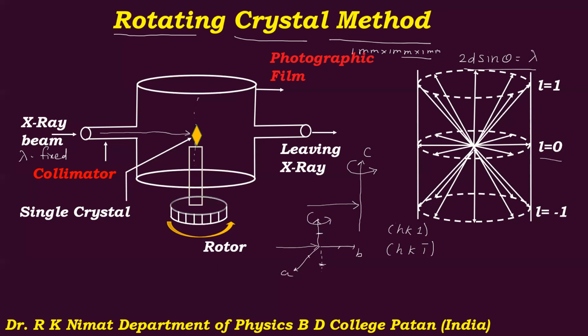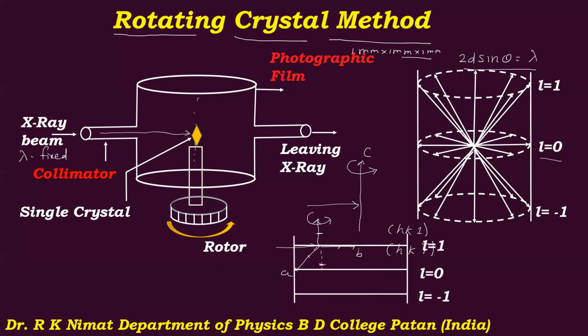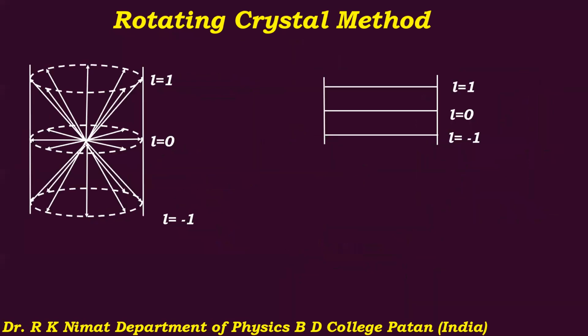That means the layer line is observed like this. And for the planes having Miller indices h, k, and -1, the layer line will be observed like this. So in this way, we get the diffraction pattern, which is called the layer lines. I will show it in detail like this. So this is the diffraction pattern.